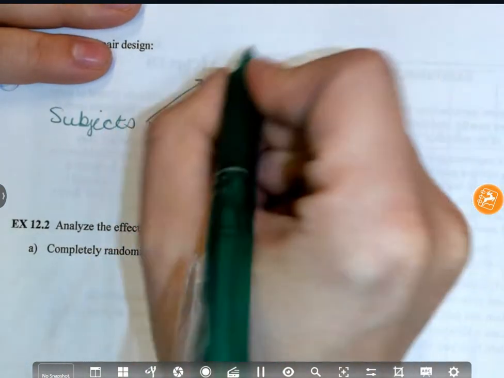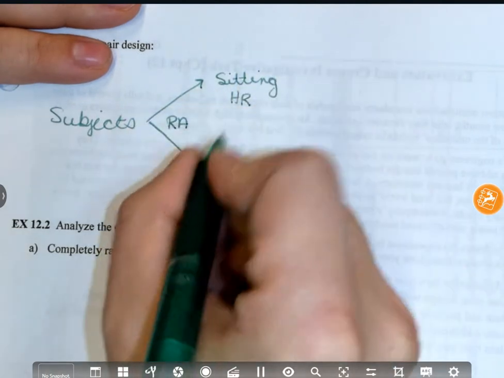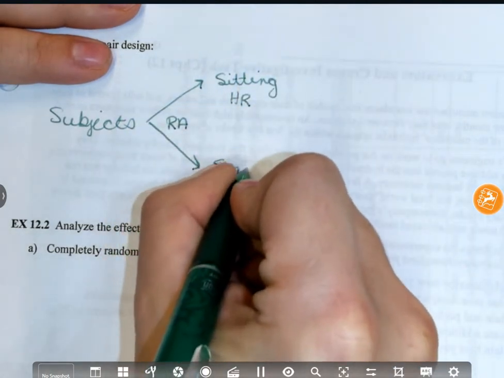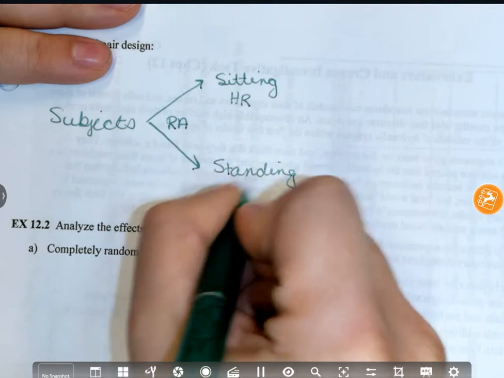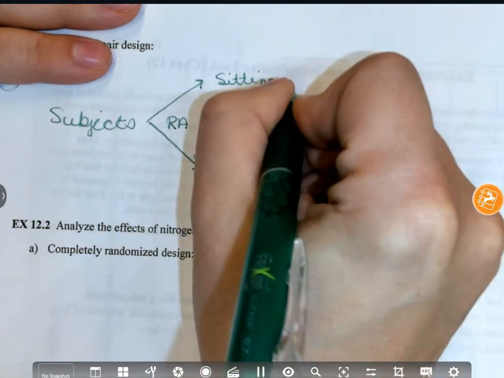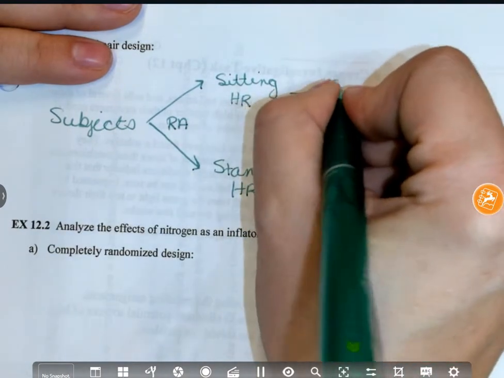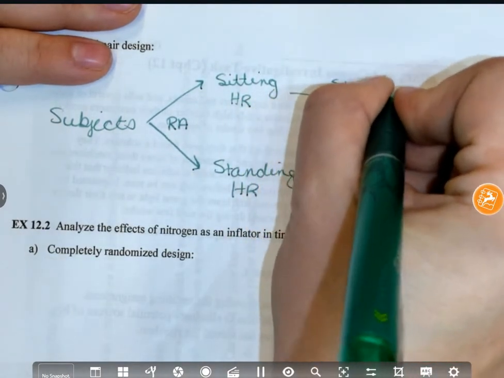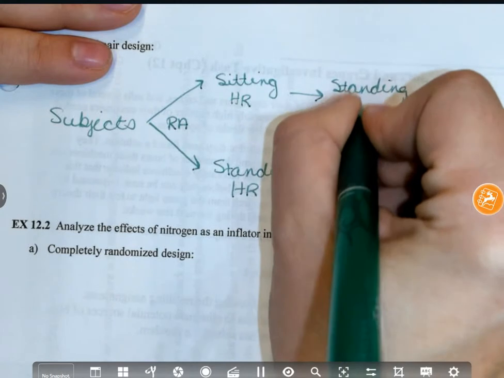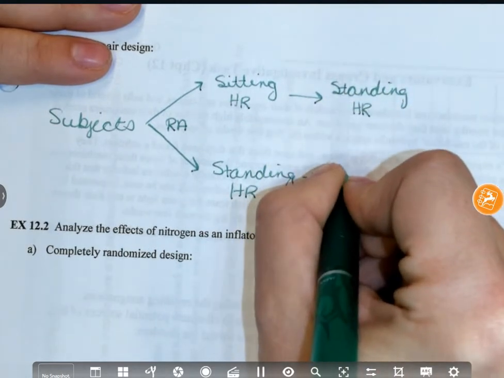One group will do sitting heart rate. The other group will do standing heart rate. Then this group moves to standing, and this group moves to sitting.